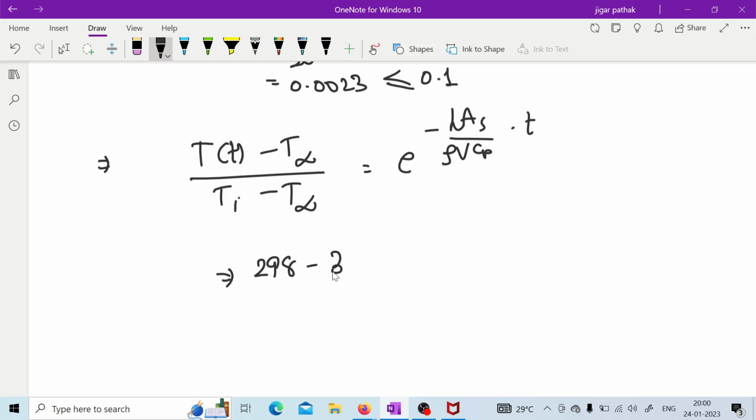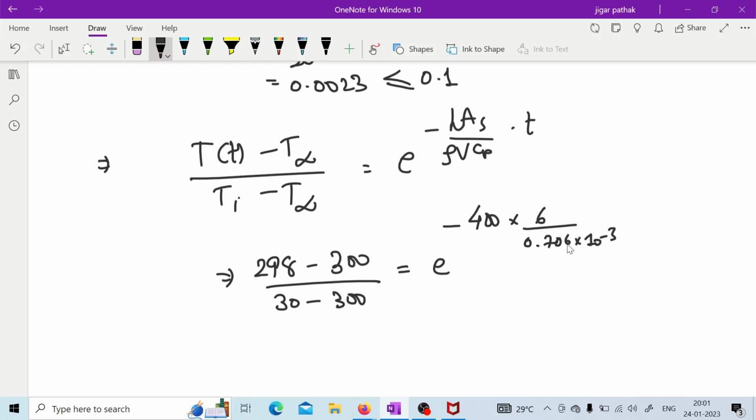This temperature is given as 298, this is 300, this 30, this 300, e raised to minus H is 400, then V by AS directly you can write as 0.706 by 6 into 10 raised to minus 3, and then rho is given as 8500, and here the Cp is also given as 400, into t. So this will give you t.